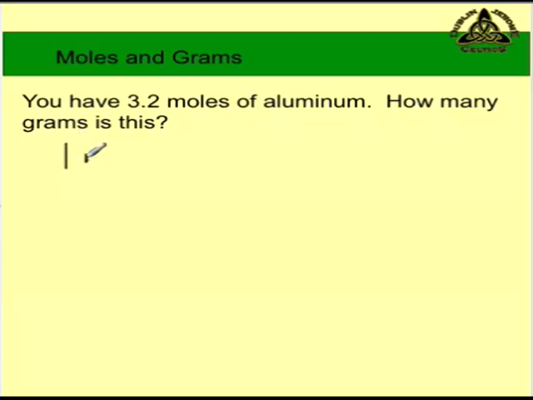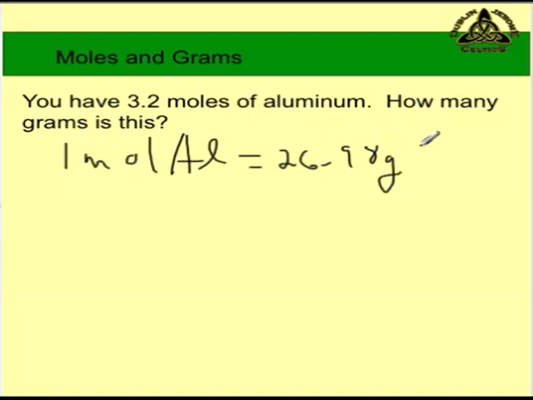We know that 1 mole of aluminum equals 26.98 grams of aluminum. And we're going to make use of that equivalence statement as we work out this problem.